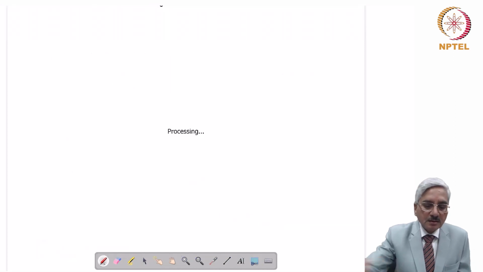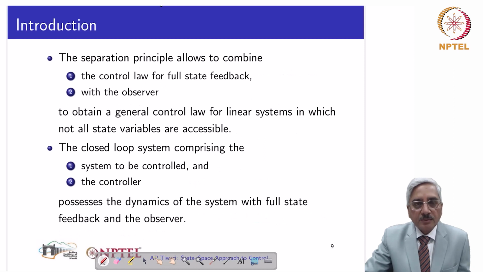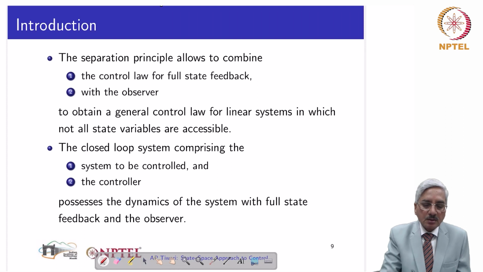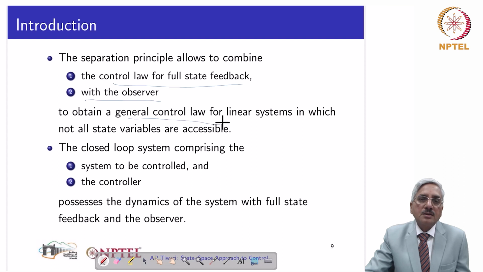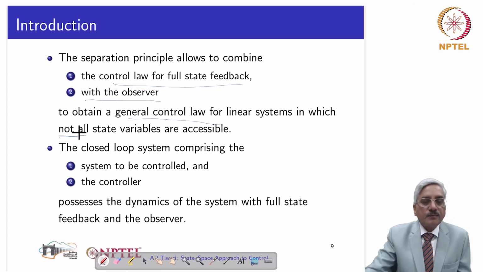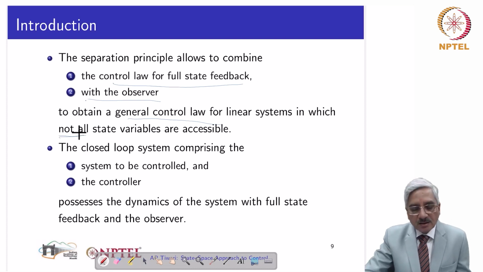In particular, through the separation principle, we shall see how the control law for full state feedback can be combined with the observer, and it will give a general control law for systems in which not all state variables are accessible.